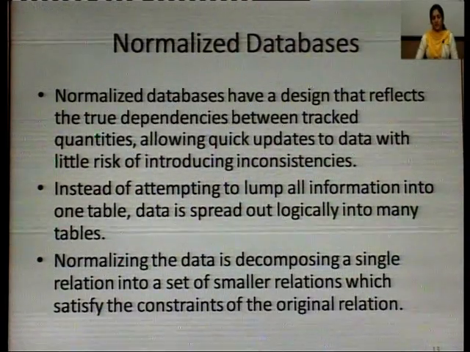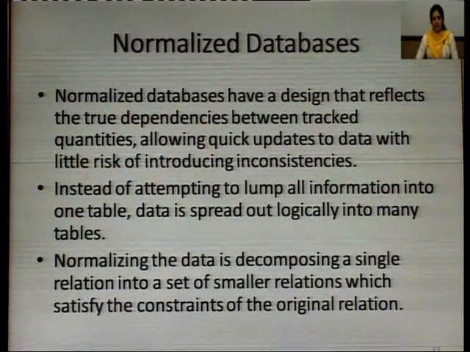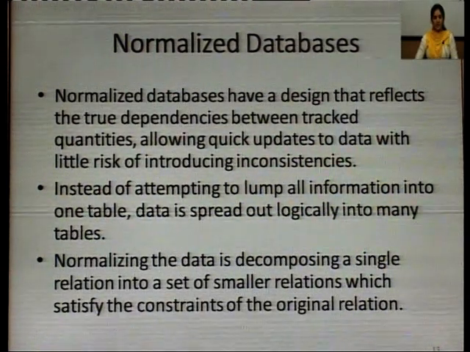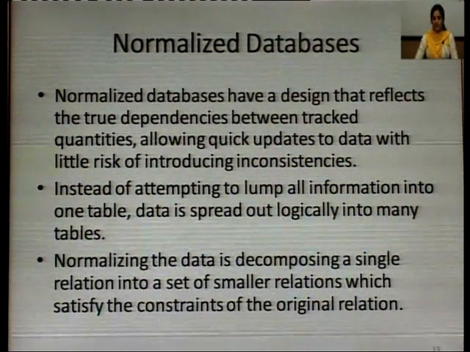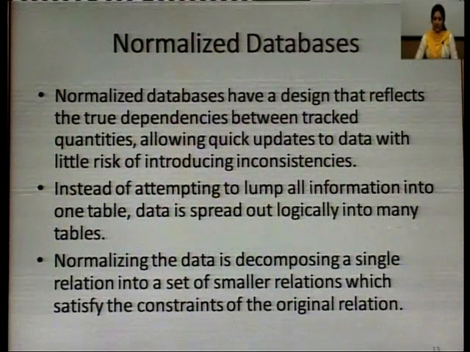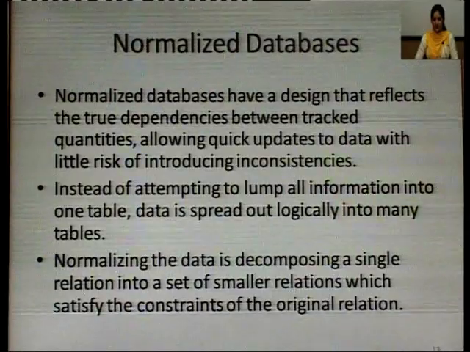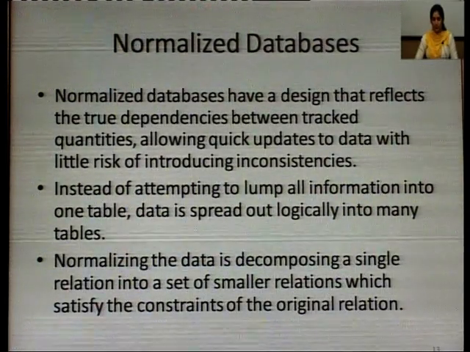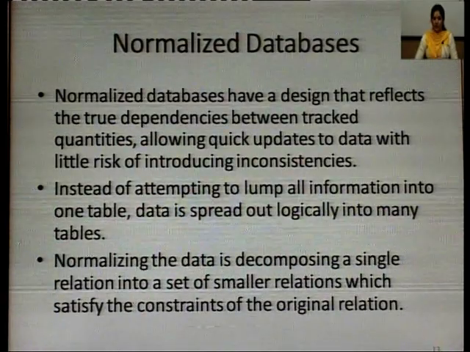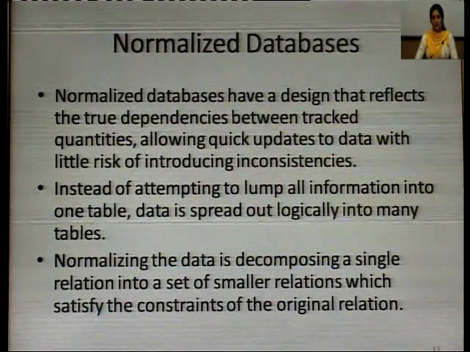So what is the difference between a non-normalized database and a normalized database? Let's discuss this topic. Normalized databases have a design that reflects the true dependencies between tracked quantities, known as attributes, which allow you quick updates to data with little risk of introducing inconsistencies.